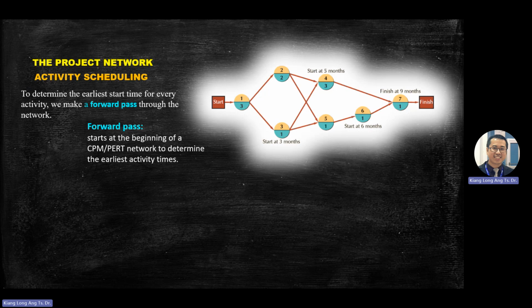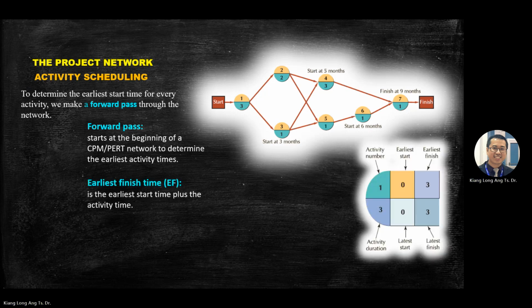So the numbers in the latest boxes, LS or LF, you do backward pass. You pass a number to the back. Forward pass, you always start from left to right. Backward pass, you always start from the back to the front. These are the two methods. The rest, the explanation, you read in the textbook. So we start to learn forward pass.